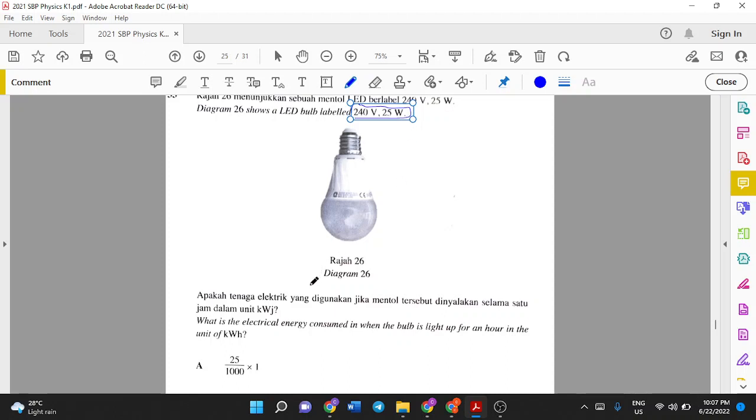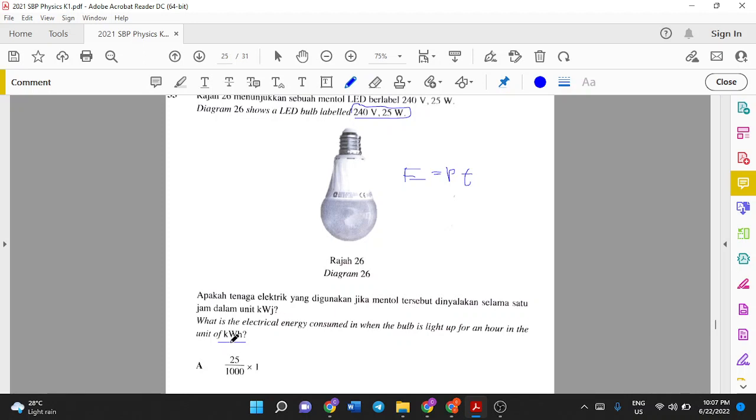Alright, so what is the electrical energy consumed when the bulb is lit up for an hour in the units of kWh? Okay, so we have the equation E equals P times T, where E is your electrical energy, P is your power, and T is your time.